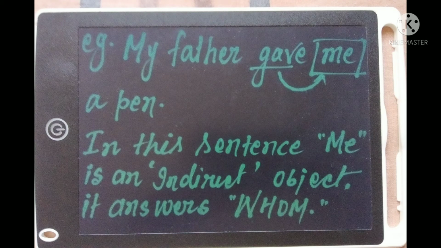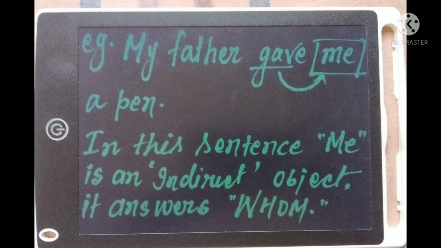Father gave to me. So to identify the indirect object, you simply ask the question from the verb: whom or to whom. Okay, my father gave me a pen. So if we ask in this sentence, me is an indirect object because it is answering whom.